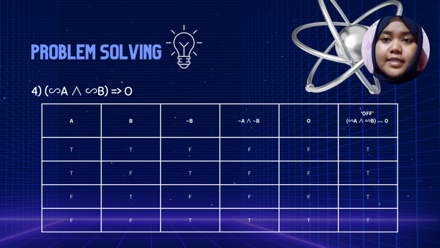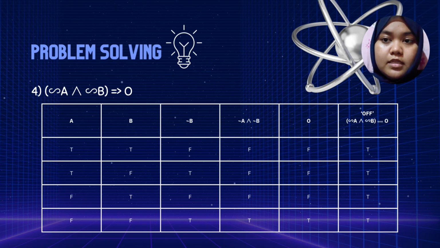For the next problem solving, to ensure our system fails safely, we also analyze the inverse logic. Let's look at the expression not A and not B if and only if O. So this helps us define what happens when the system is off.